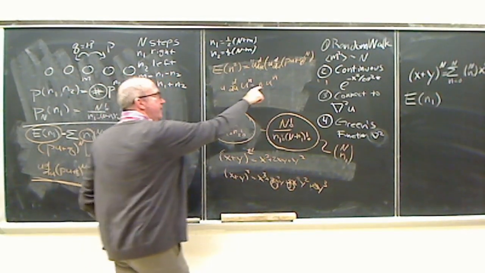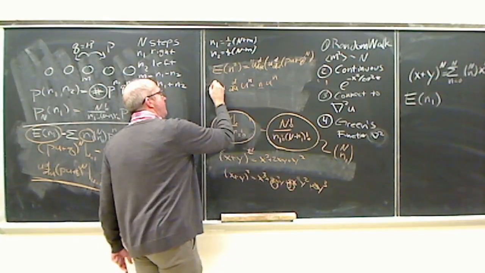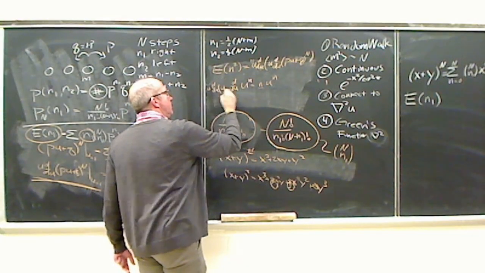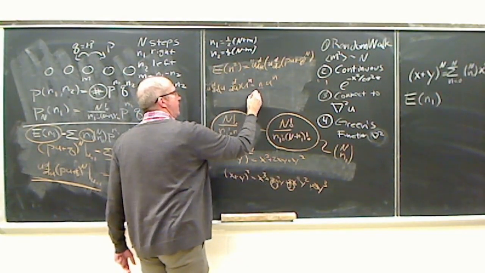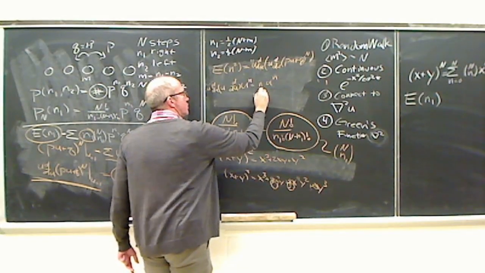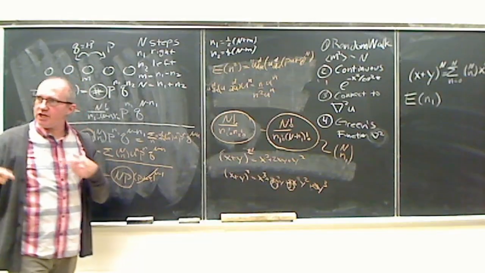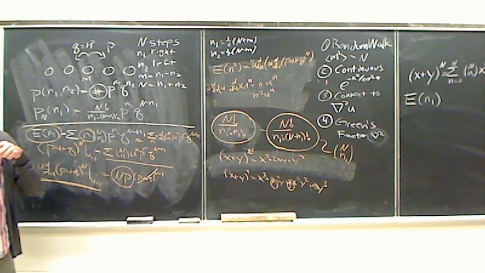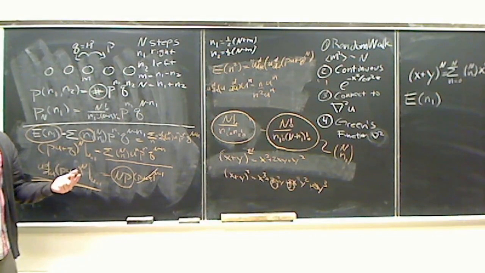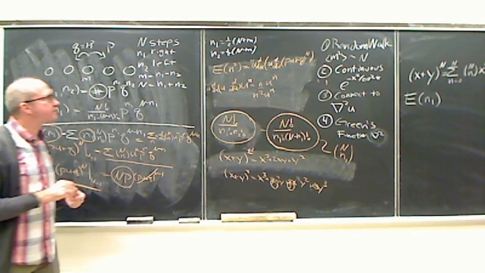If I want to bring down another factor, I just do that again, u d by du of that, and I get n squared u to the n. So this generating function kind of just spits out n's from this relatively arbitrary function that we've stuck in here.